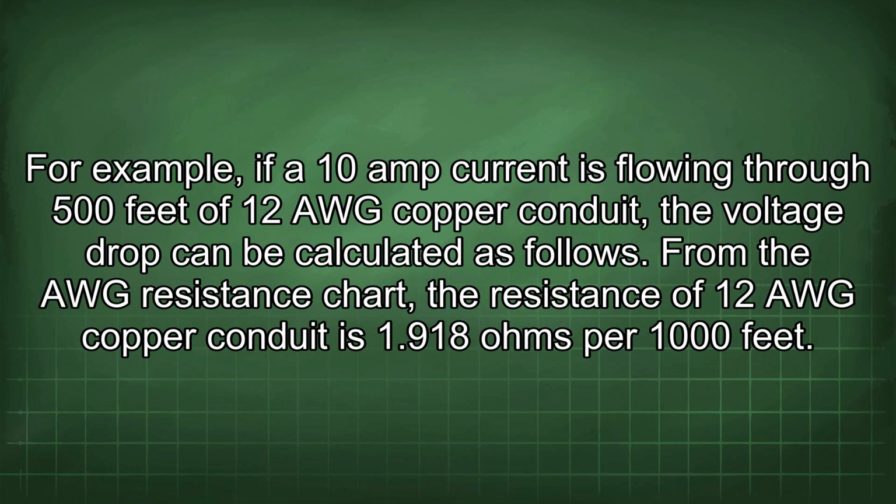For example, if a 10 amp current is flowing through 500 feet of 12 AWG copper conduit, the voltage drop can be calculated as follows. From the AWG resistance chart, the resistance of 12 AWG copper conduit is 1.918 ohms per 1,000 feet.